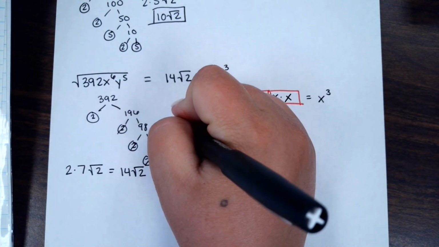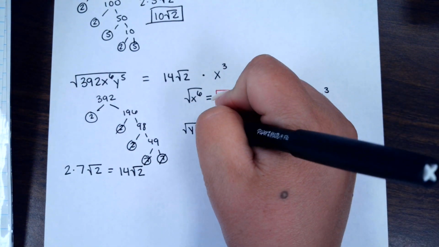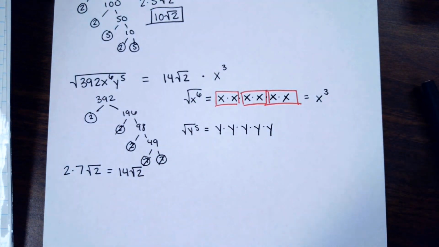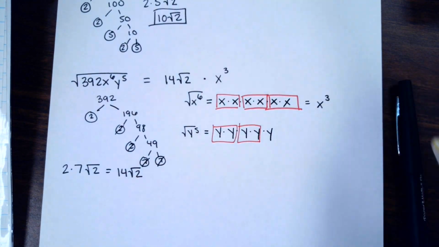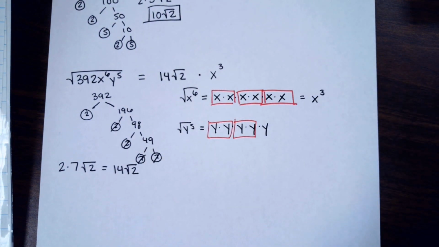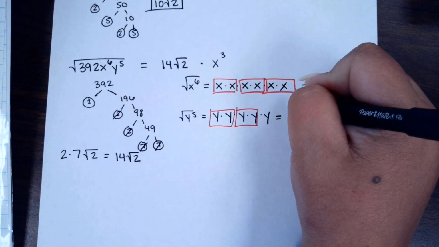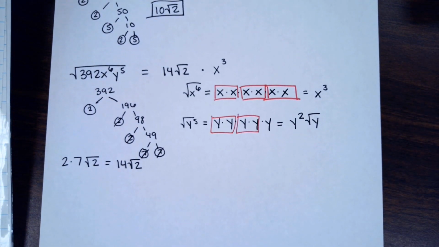Then let's think about the y's. The square root of y to the 5th, that's just 5 y's, right? Then let's look for pairs. 1 pair of y's, 2 pair of y's. 1 is left by itself, so he stays underneath the square root. So y squared times the square root of y.